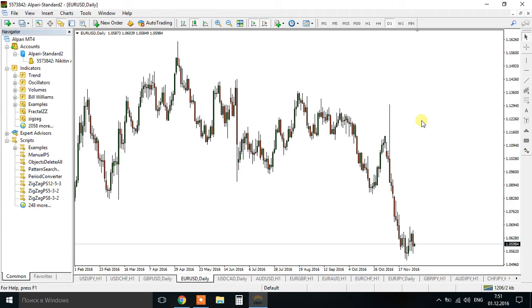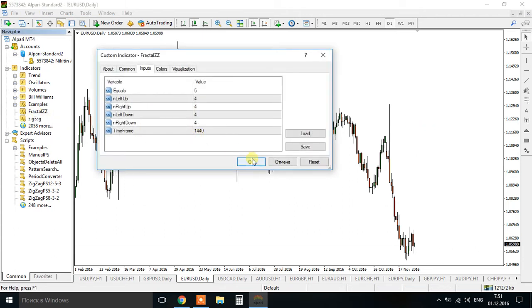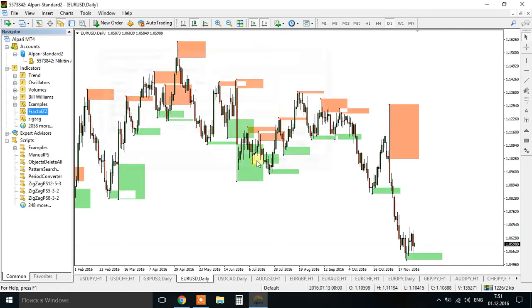Another way to identify those support and resistance levels is to use my fractal indicator that I have written myself. It looks this way. You only need to change the time frame. My time frame is daily, and my time frame here is 1440 minutes, which is daily as well. Okay, run that and you will see those green and red rectangles. Every time price enters the green rectangle, it's better to buy.